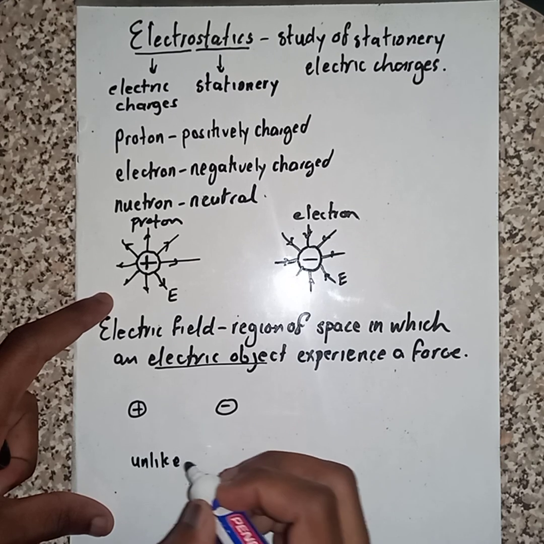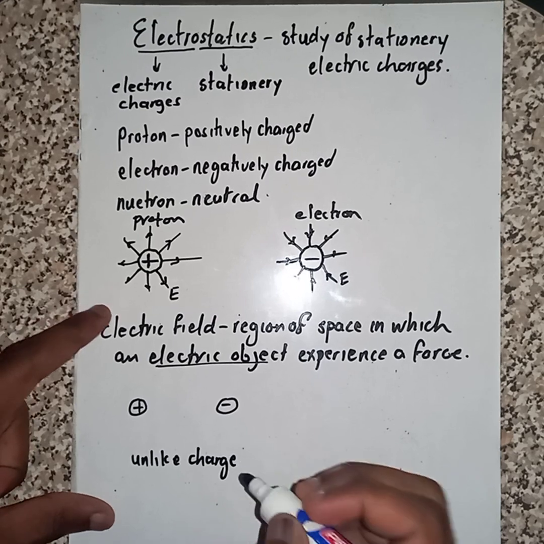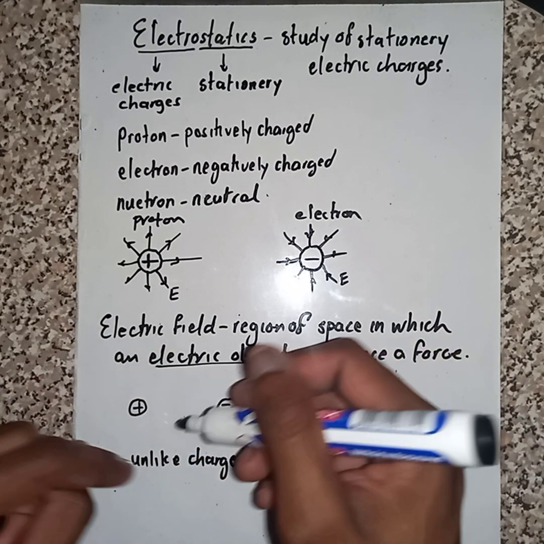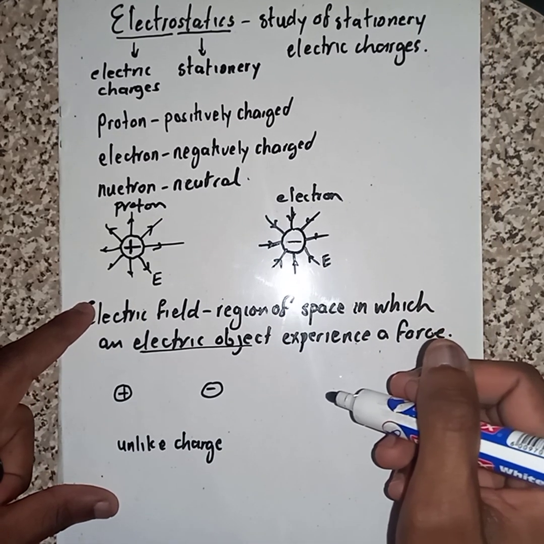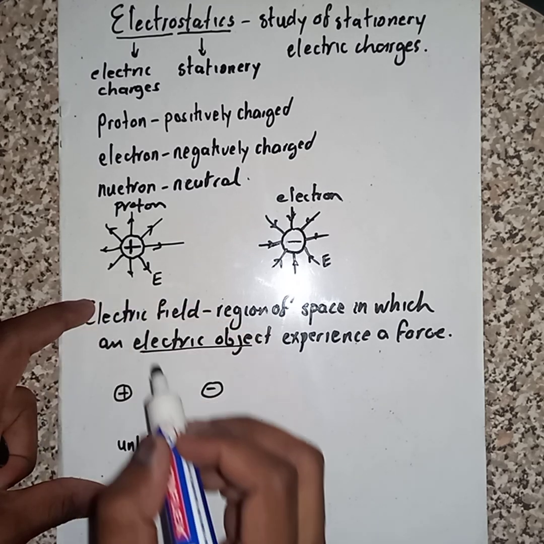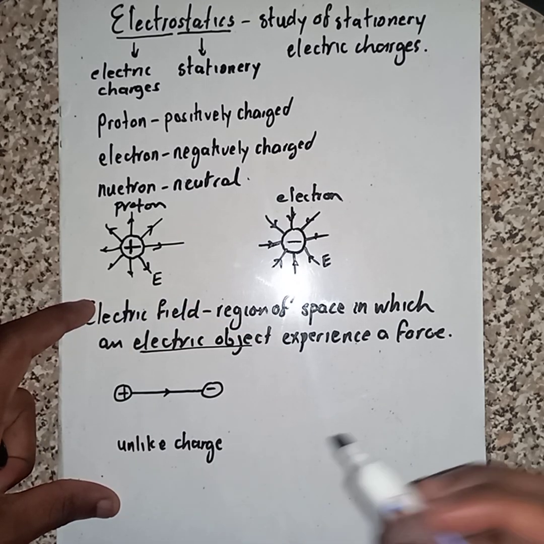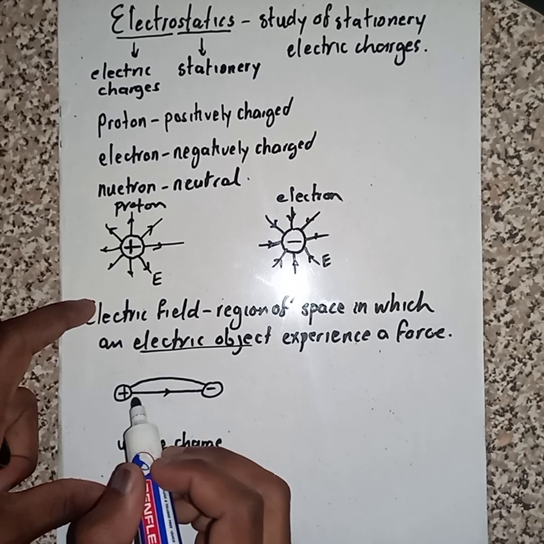Let us try to draw the electric field around these two charges. We said that the field lines always move away from positive but towards the negative.